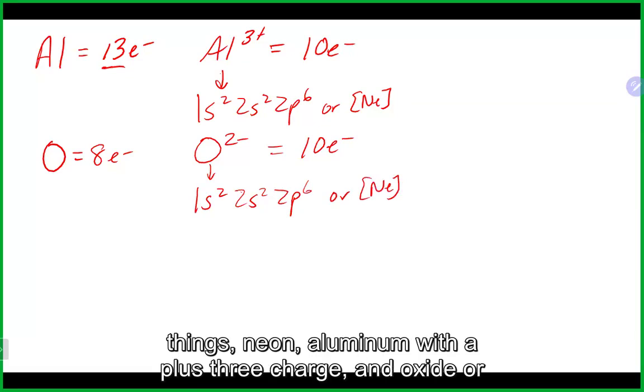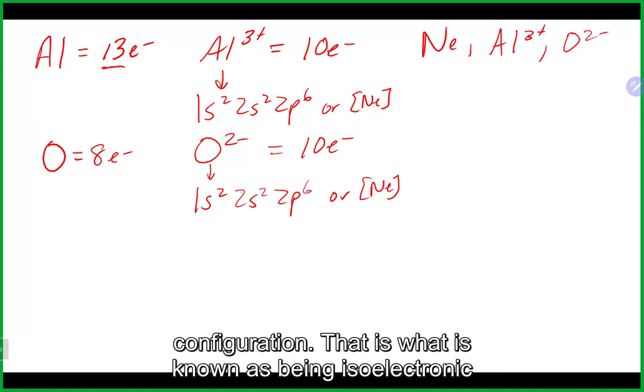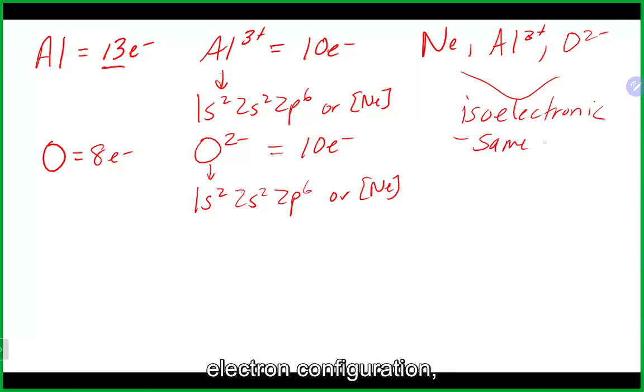All three of those things, neon, aluminum with a +3 charge, and oxide or oxygen with a -2 charge, they all have the same electron configuration. That is what is known as being isoelectronic with each other. Isoelectronic are things with the same electron configuration.